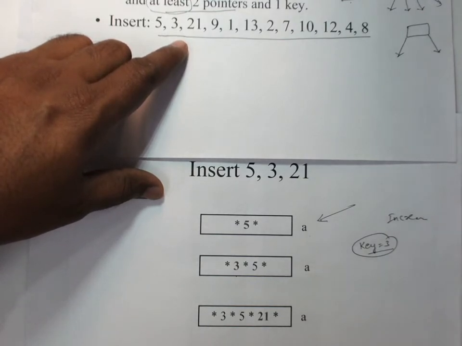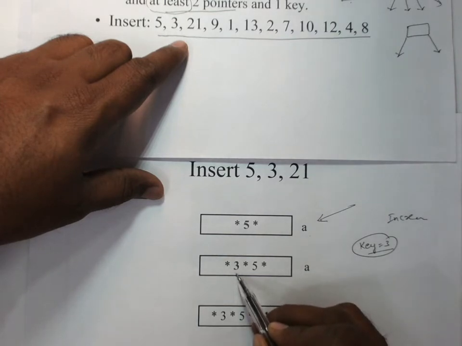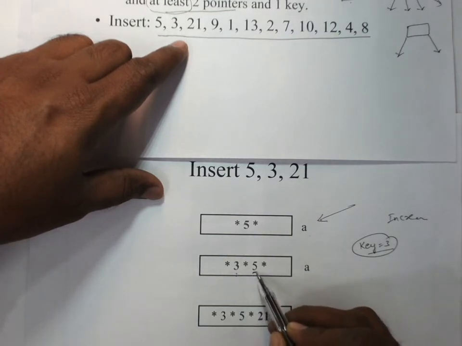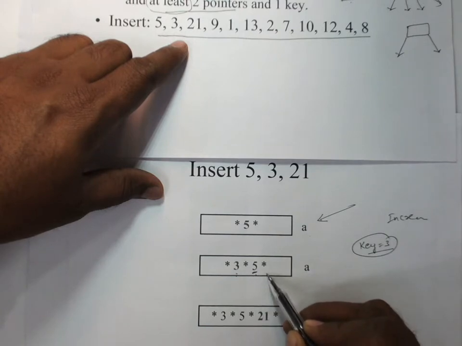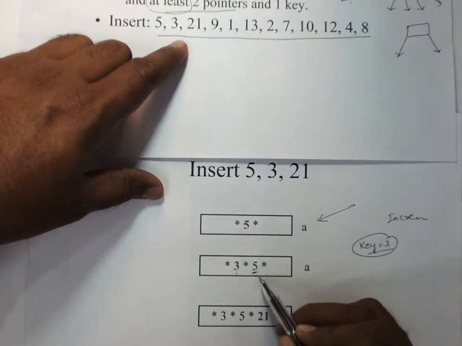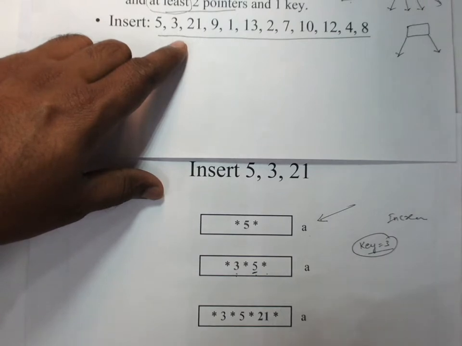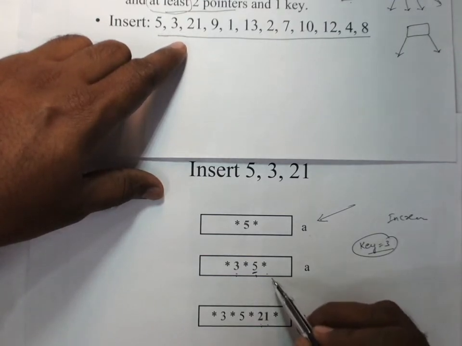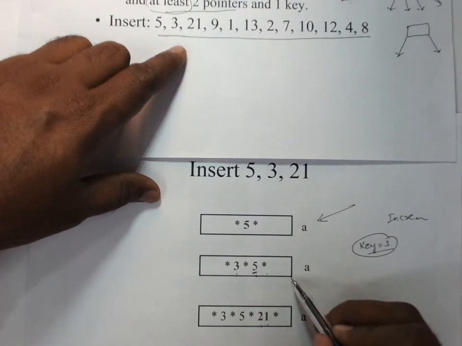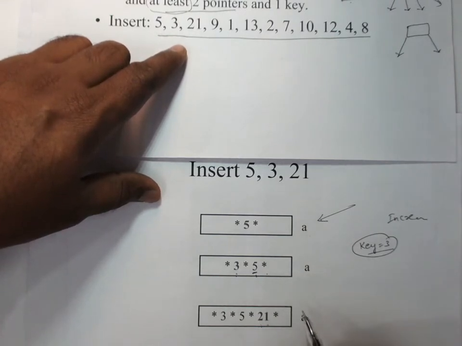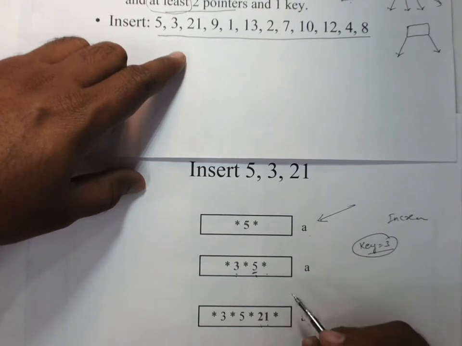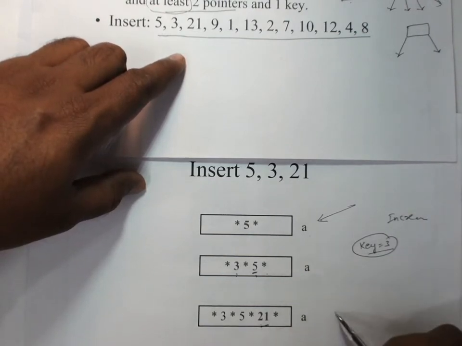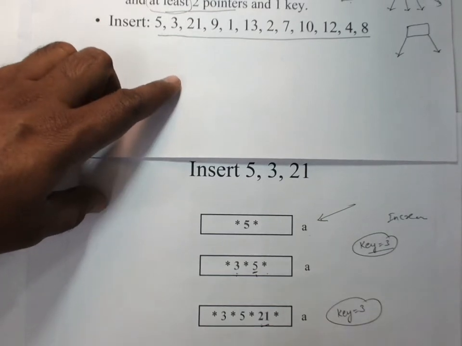So firstly 21 is compared with 3. 3 is less than 21, so move ahead. 5 compared with 21, and 21 is greater than 5, so it will be stored after 5. Before inserting, it is checked whether space is available, and if so it will store 21. So at most 3 key values can be stored.